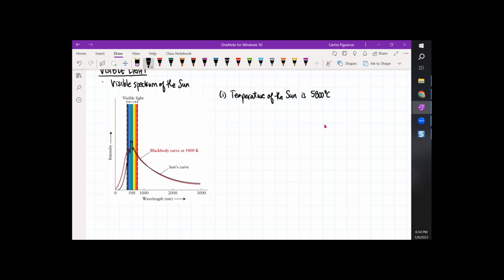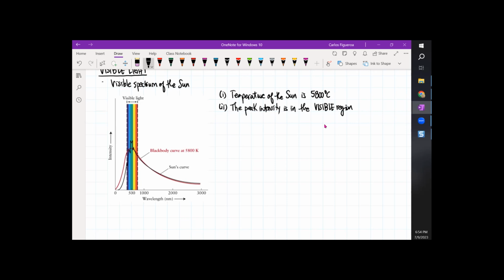So when you look at this curve, this is the black body curve for the sun. If you look at that, this tells us that the peak intensity is in the visible region.